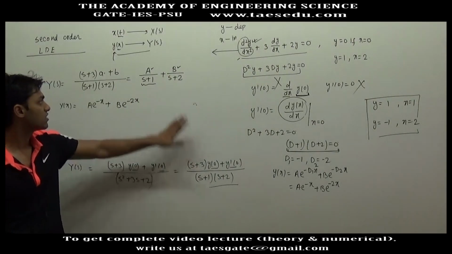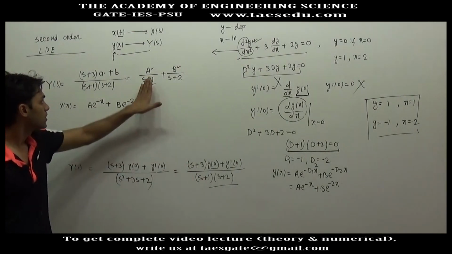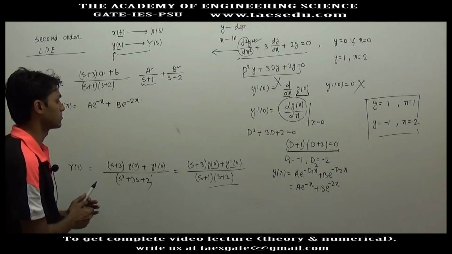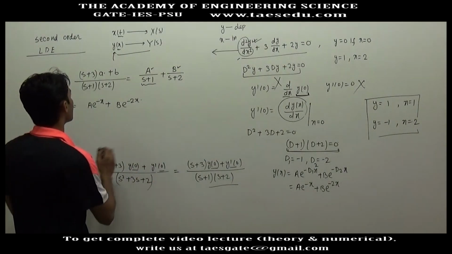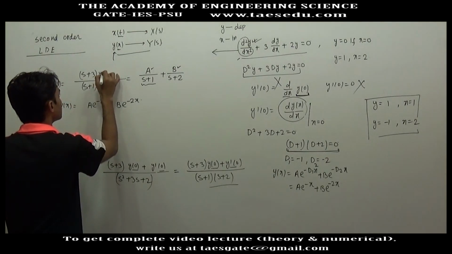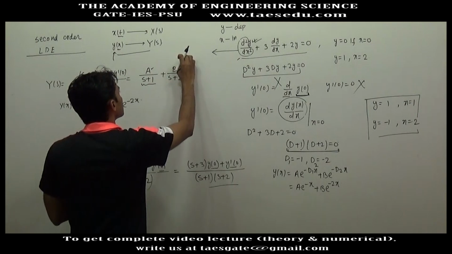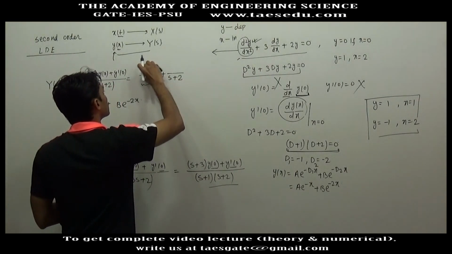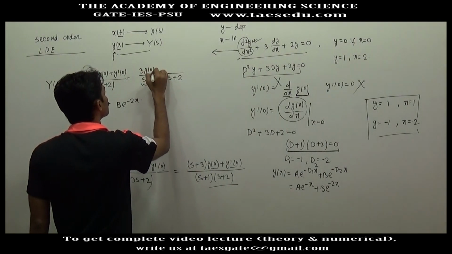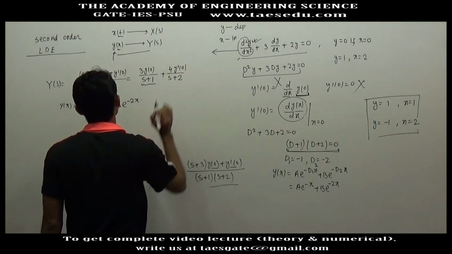When you do the partial fraction, a and b will be functions of y0 and y dash 0. Here we have y0 plus y dash 0, so you will get this type of equation, let's say 3 into y0 plus 4 into y dash 0.